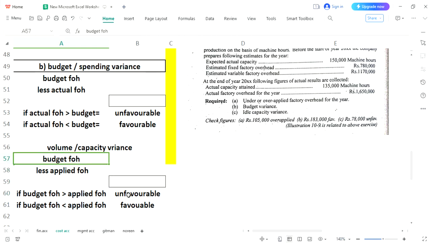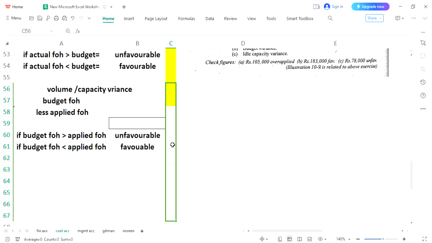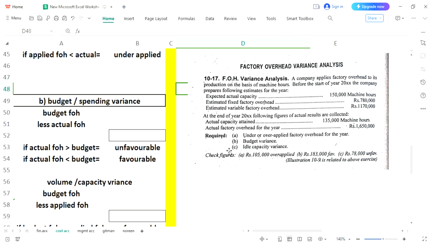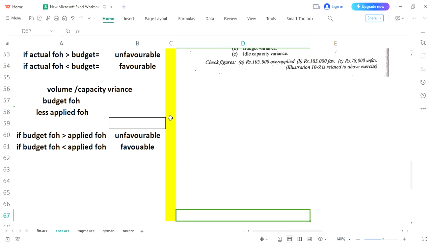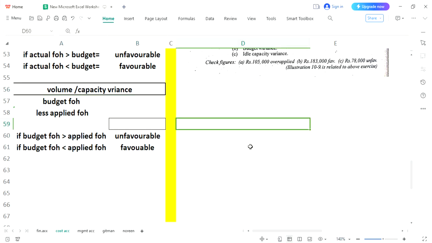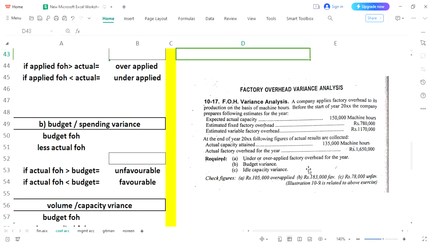All right. So these are three types of variance which we have seen, and we need to calculate all three types of variances. For that purpose, you need actual FH, budget FH, and applied FH. These three FH should be present in your question. So we have seen what our requirement is. There were three requirements: under or over applied FH, budget variance, and capacity variance.